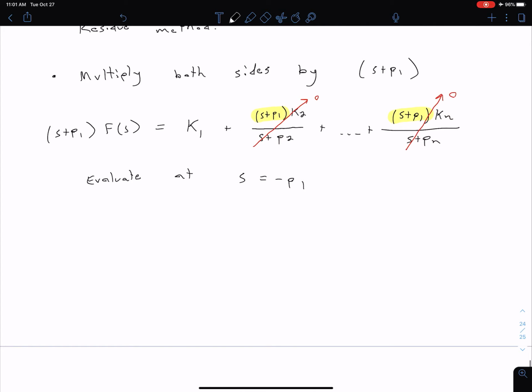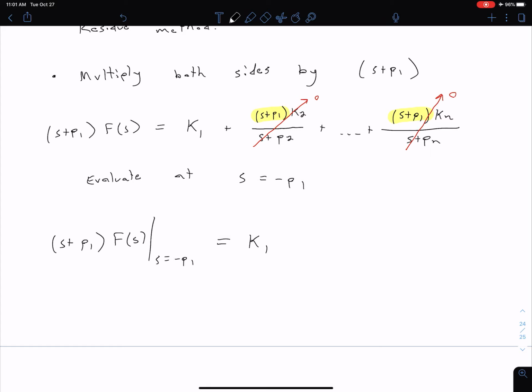So the way we can write this mathematically is s plus p1 times F of s evaluated at s equals negative p1. Based on our argument up here, all of these terms go to 0 except for k1, so that's how we solve for that residue k1.